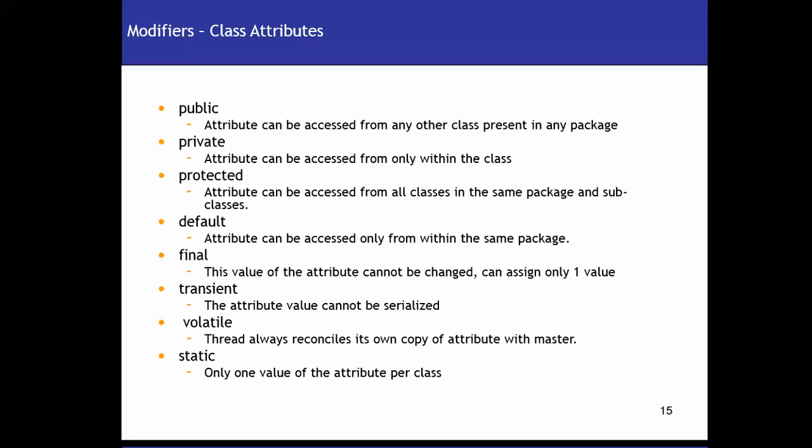Let me take an example with an employee class. In that employee class, I have three attributes: employee name, employee ID, and employee salary. I have assigned these values as ABC. Now, if I want to retrieve these attributes, I'll just call salary, employee ID, and employee name.